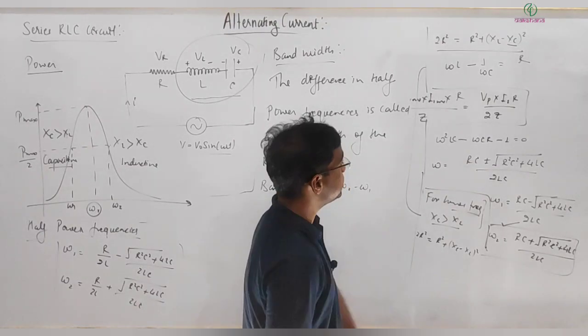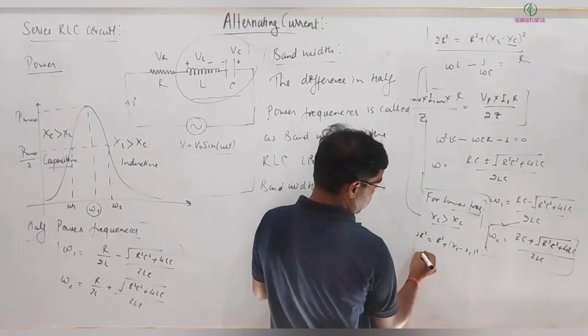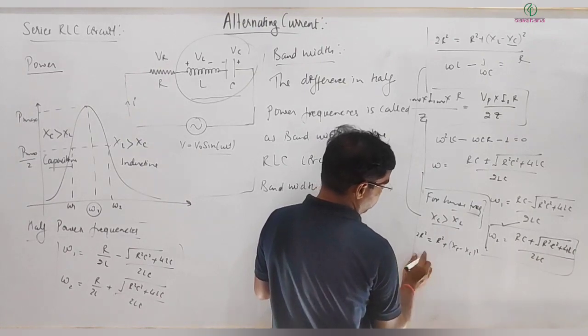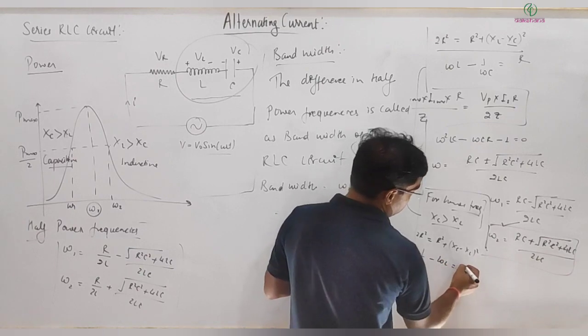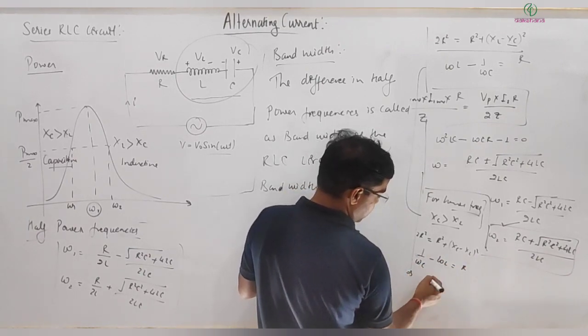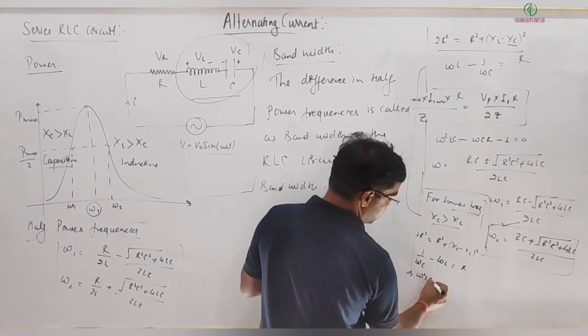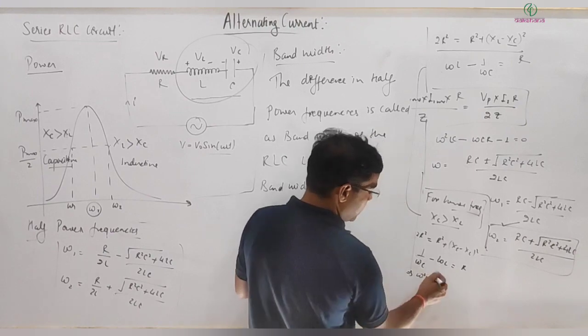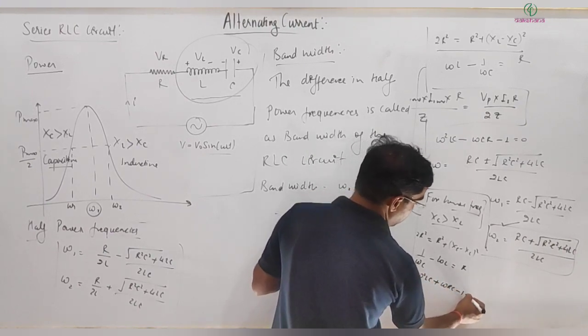Solving this, we get 1 upon omega C minus omega L equal to R, and from here omega square LC plus omega RC minus 1 equal to 0.